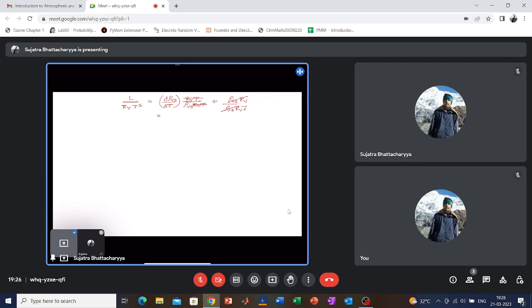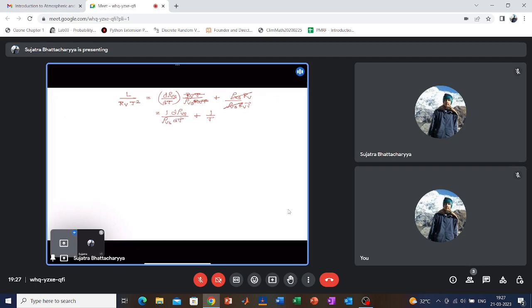So what we are getting is d rho Vs by dt into 1 by rho Vs plus 1 by T. This is the expression which we are getting. Now further, if we can simplify, so we can write 1 by rho Vs d rho Vs by dt will be equal to L by Rv dT by T square minus dT by T. Just reshuffling the terms.